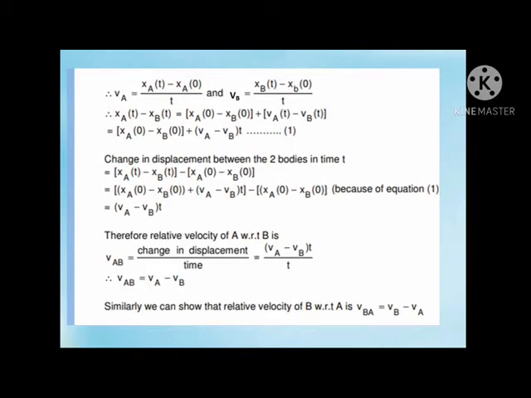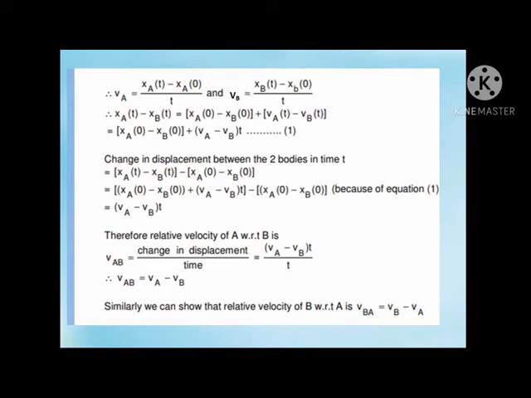Rearranging, t is common, so we get xa0 minus xb0 plus (va minus vb) times t. This is equation 1.